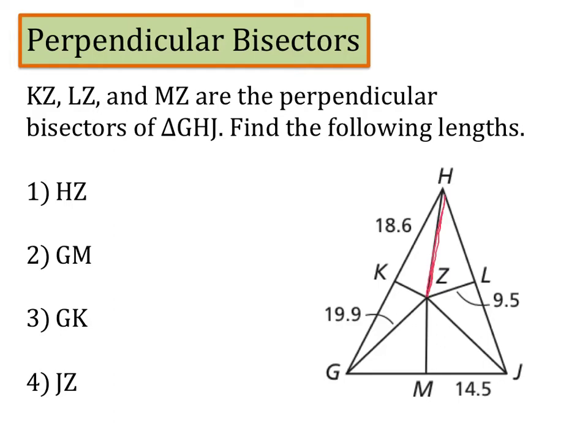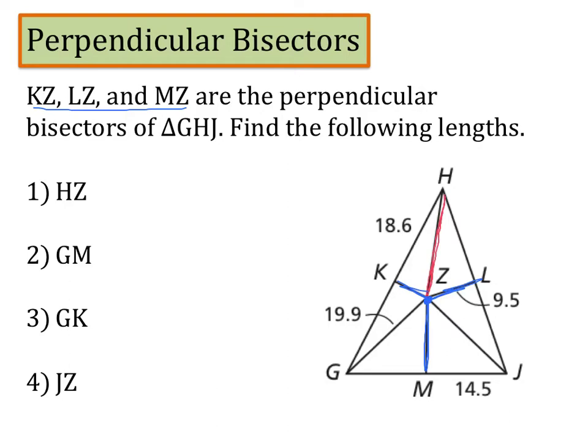But we know that KZ, LZ, and MZ are the perpendicular bisectors. So let me just highlight these in blue. KZ, LZ, and MZ, these are all perpendicular bisectors. So this point here is the point of concurrency, or the circumcenter.